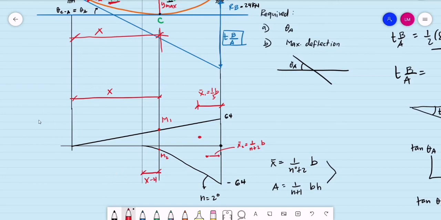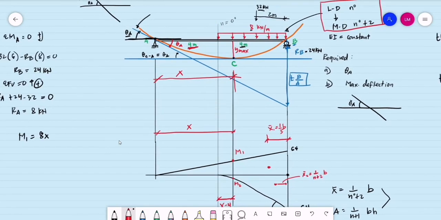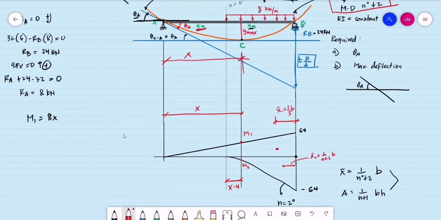So what will be the magnitude of the moment at that point, considering the 8 kilonewtons per meter load? The moment number 2 is the same as 8, the resultant, 8 kilonewton meter times x minus 4. Then the lever arm is x minus 4 divided by 2. Or simply, our moment number 2 is equal to 4 multiplied by x minus 4 squared.